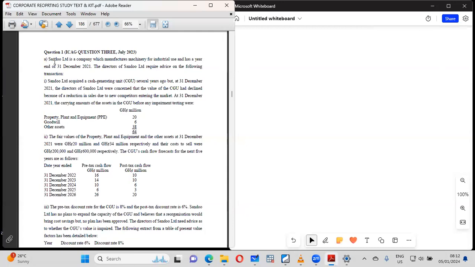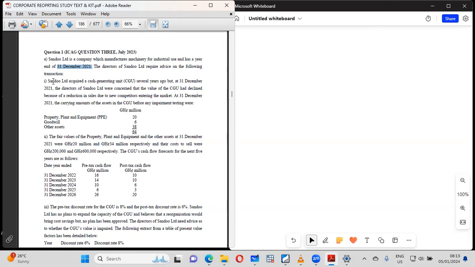It says that Sando is a company which manufactures machinery for industrial use and has a year end of 31st December 2021. The directors of Sando Limited require advice on the following transaction.